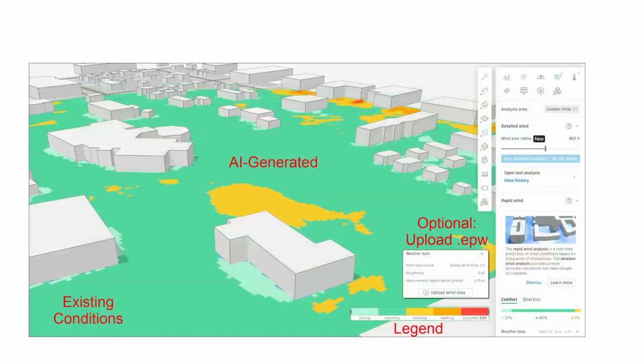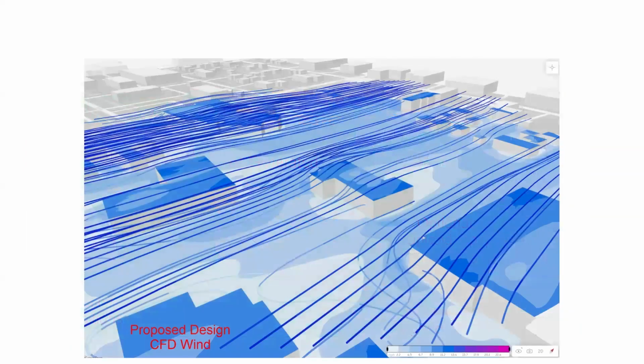Again, this AI-generated wind analysis of the existing conditions will automatically use a local weather file, an EPW. You don't have to pick one, but it's noteworthy that you can upload a custom .epw file, an EnergyPlus weather file. This allows us to start to incorporate things like future weather data.